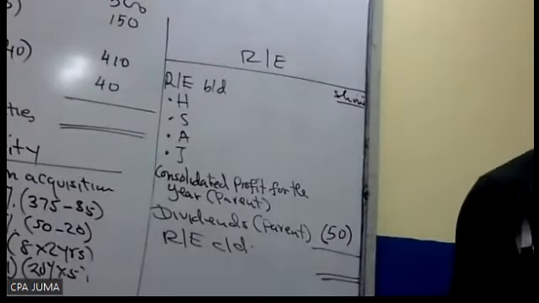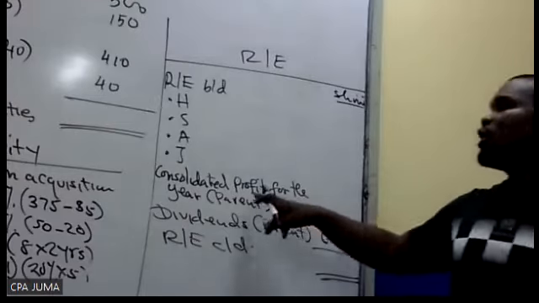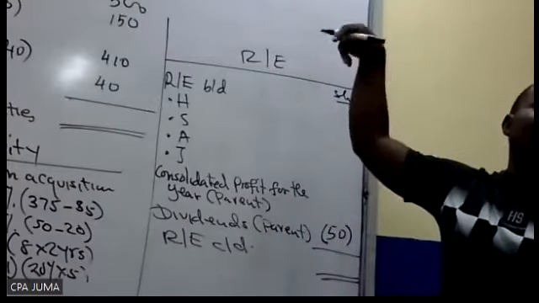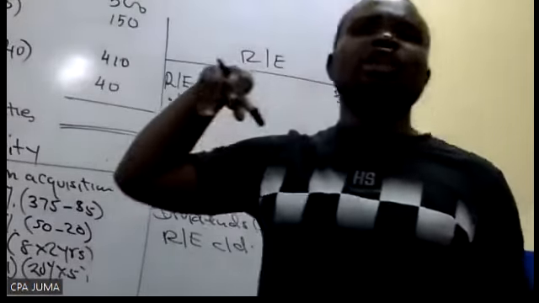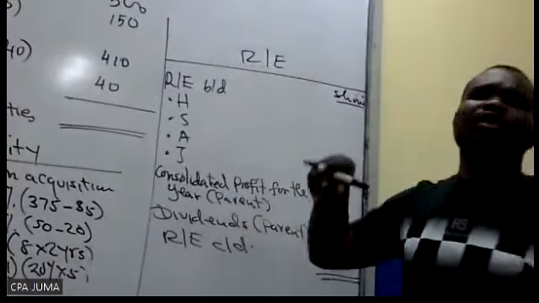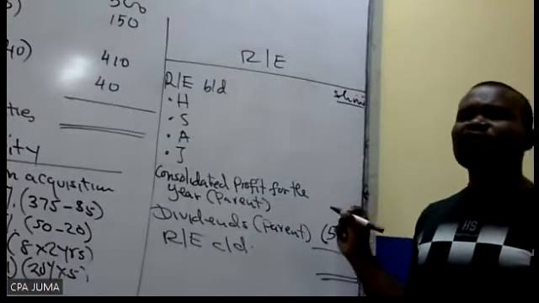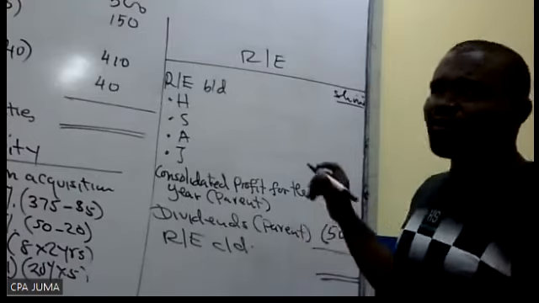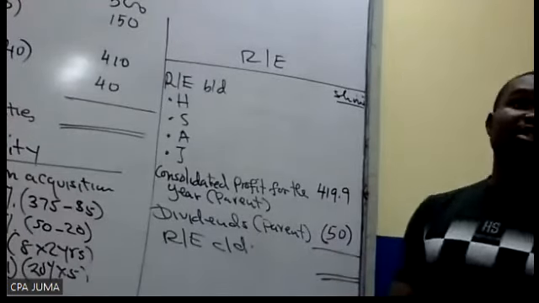So, give me consolidated profit. That one is for the profit account, P&L. It is the last item in the P&L, the one we say attributable to the holding company. It was 419 point something. See for 419. Remember something? 419.9.